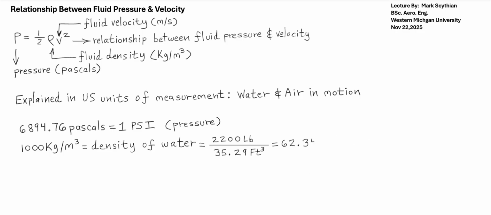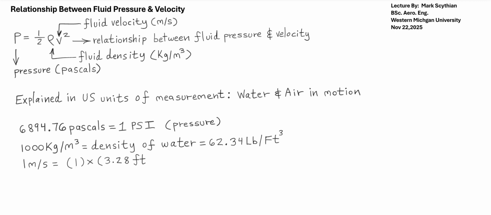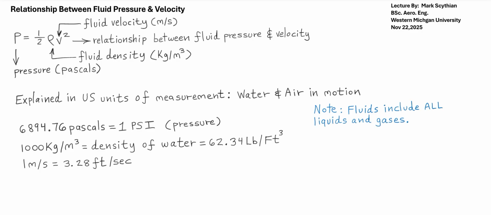When we divide these out, we get an approximate density of water at 62.34 pounds per cubic foot. We can then convert meters per second velocity to feet per second. And then fluids include all liquids and gases.